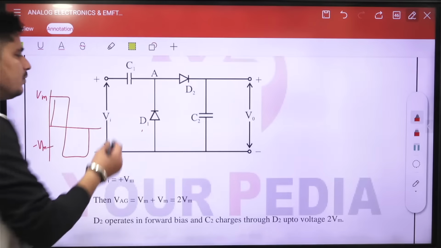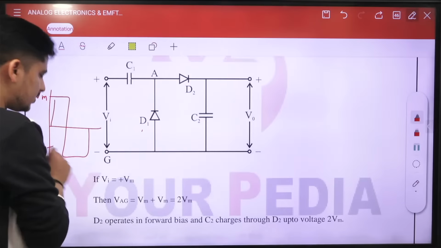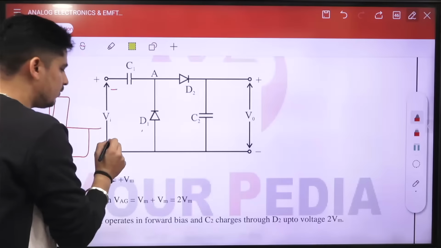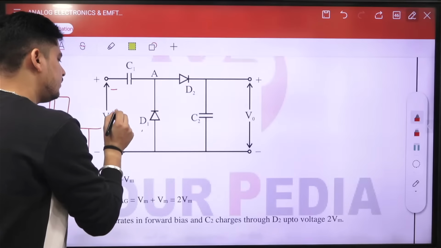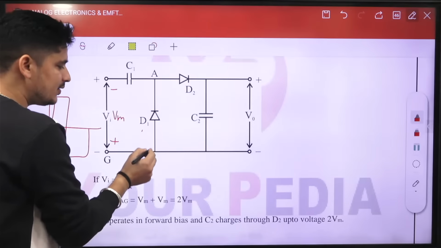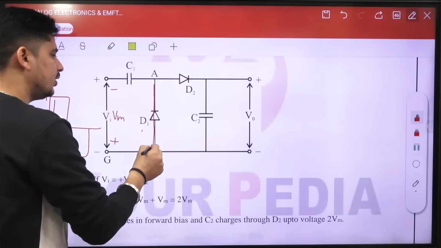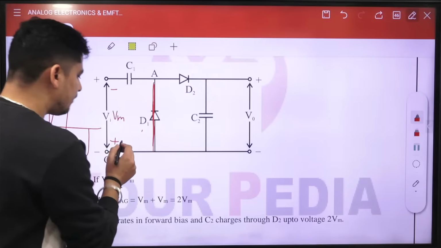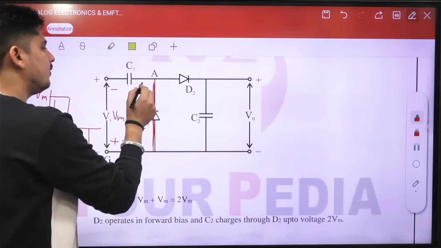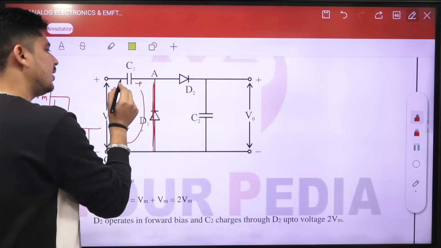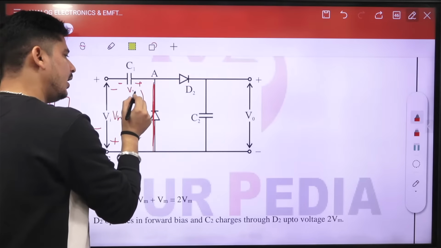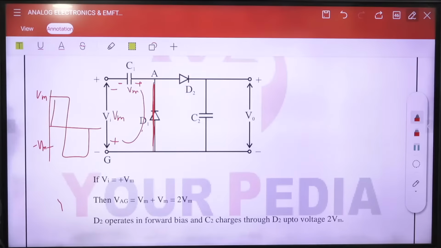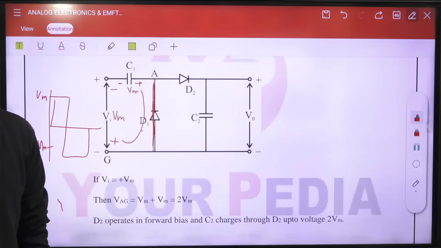During the negative cycle, this is negative, this is positive, Vm is here, and this diode is going to be a short circuit. As this diode is a short circuit, this positive polarity will go here, this negative polarity will go here, and this capacitor will be charged with this Vm voltage.